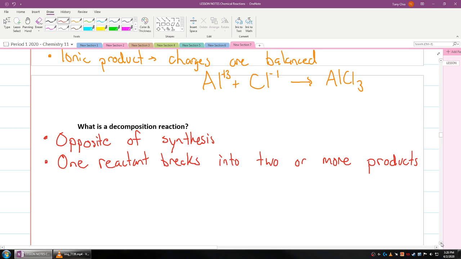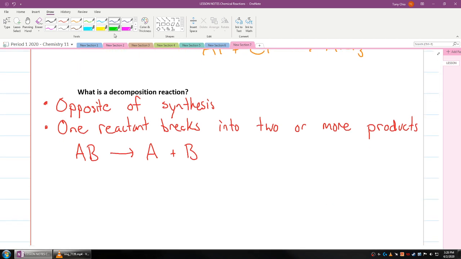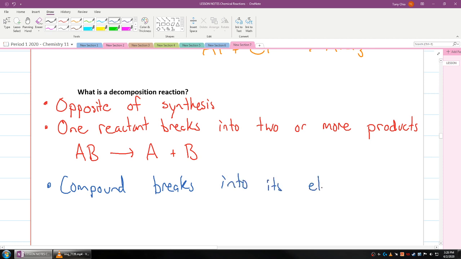Now in reactions like this, what it looks like is AB will again break into A plus B. So we've got to make sure that we know what these chemicals will be. Now usually this would be a compound breaking into its elements, but not always the case.